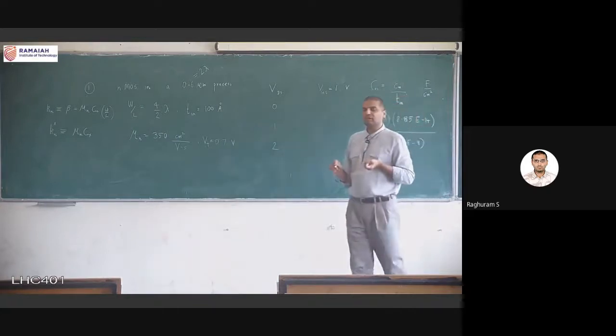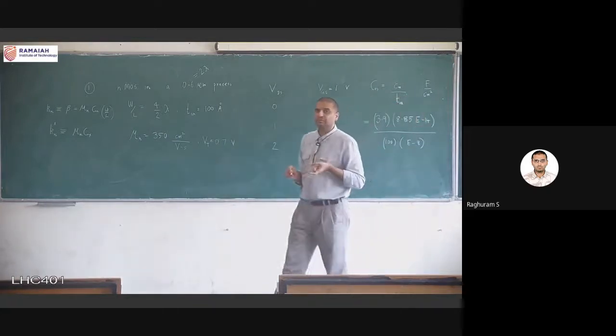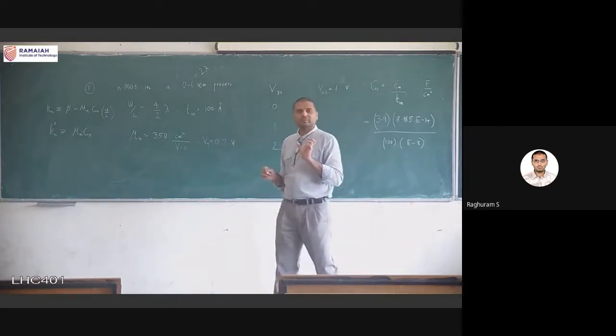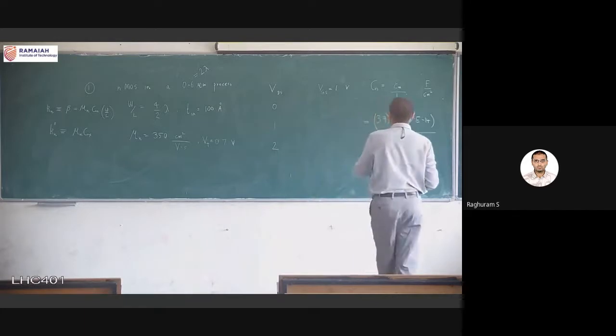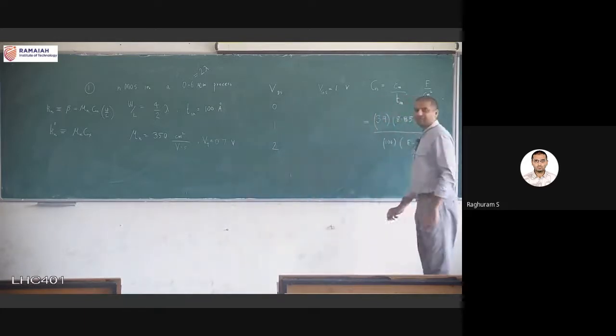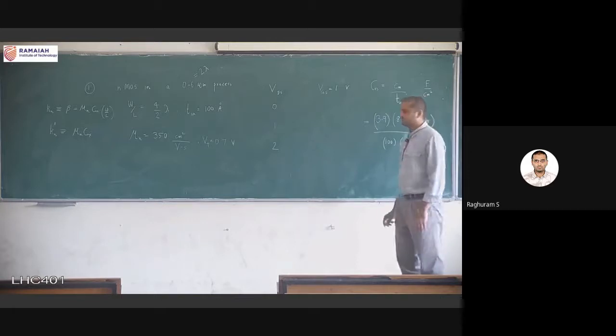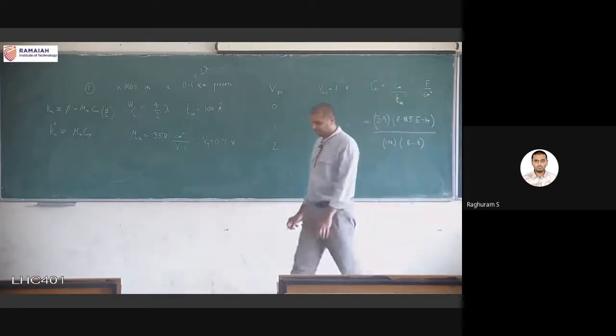Angstrom is actually 10 power minus 10 meters, but we will use the number in centimeters. So 10 power minus 8 centimeters. So this will give me the oxide capacitance. Okay. And once I have the oxide capacitance, let's see if I can calculate this.